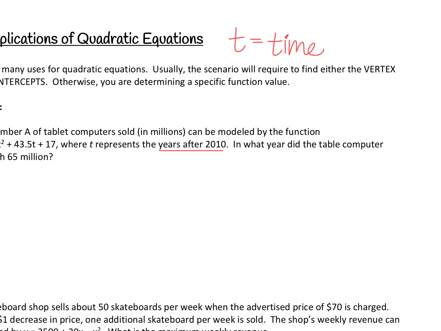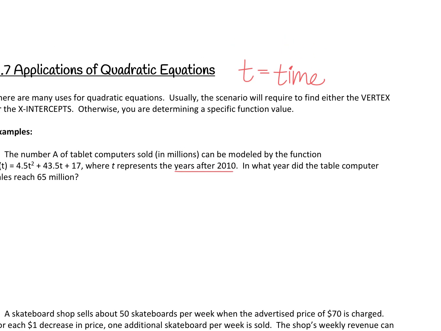Anytime you see it, if you see an H, that will stand for height. Obviously, this first problem doesn't have an H, but it does have a T, right? So the T that you see there stands for time, so that's why you see in what year. If I'm saying in what year, then I'm asking for what is time.